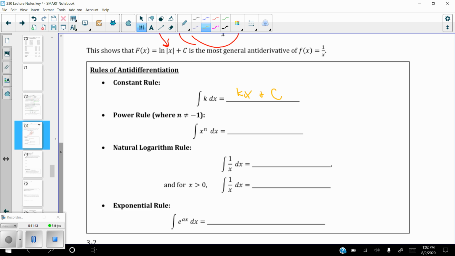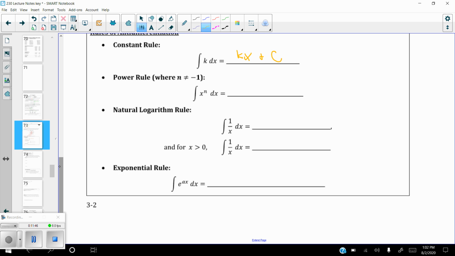The power rule, this is probably the one that we will use most of all. It's very important that you understand this power rule only works with a function where the base is x and it's raised to some constant exponent. Cannot be raised to a function. It's got to be a constant. So like x squared or x to the 2.7 or something like that.